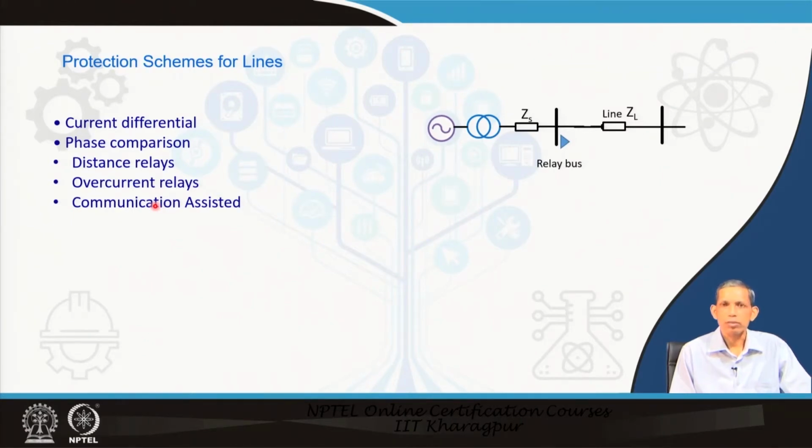Moreover, in case of communication failure, the local information based relays become essential, and therefore, we can have both unit protection supplemented by non-unit protection schemes for transmission line.